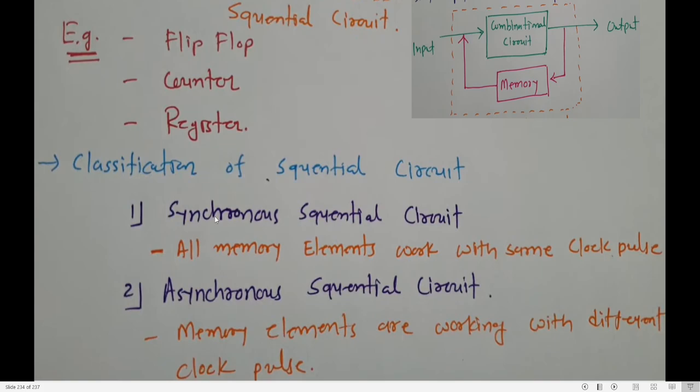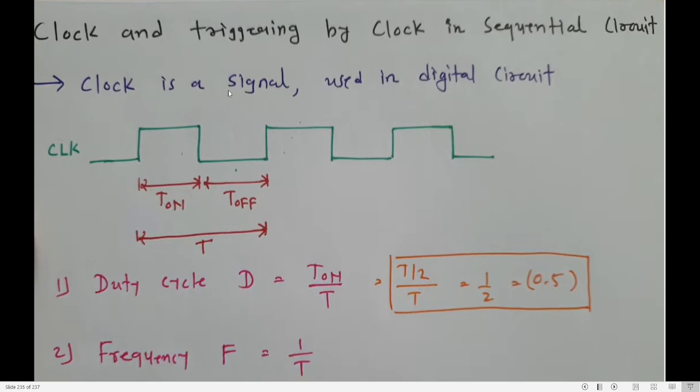So what is the difference between synchronous and asynchronous? Synchronous means the memory elements work with the same clock pulse. What is an asynchronous sequential circuit? The memory elements work with different clock pulses. Okay, you will understand it better when we go to the clock pulse. So what is a clock? For the students who want to know what a clock is, a clock is a signal.